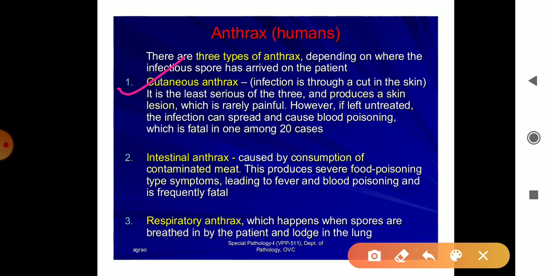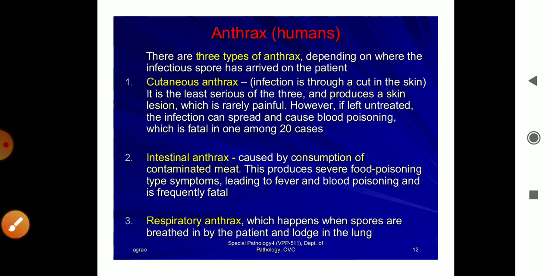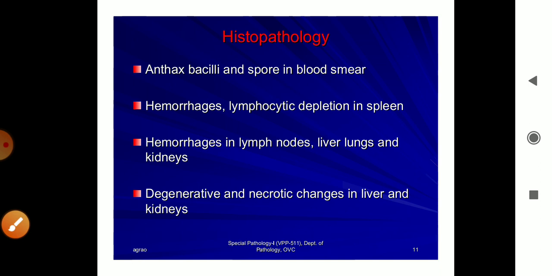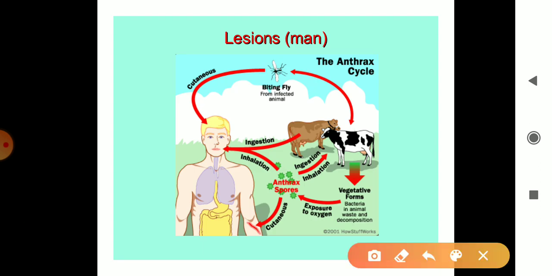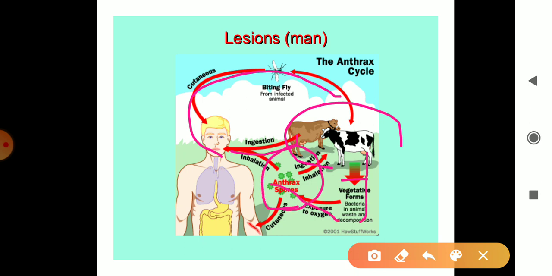But cutaneous anthrax is very important. Infected animals, through biting flies, or through ingestion, or the vegetative form through oxygen, transmit the anthrax spore to the human being.